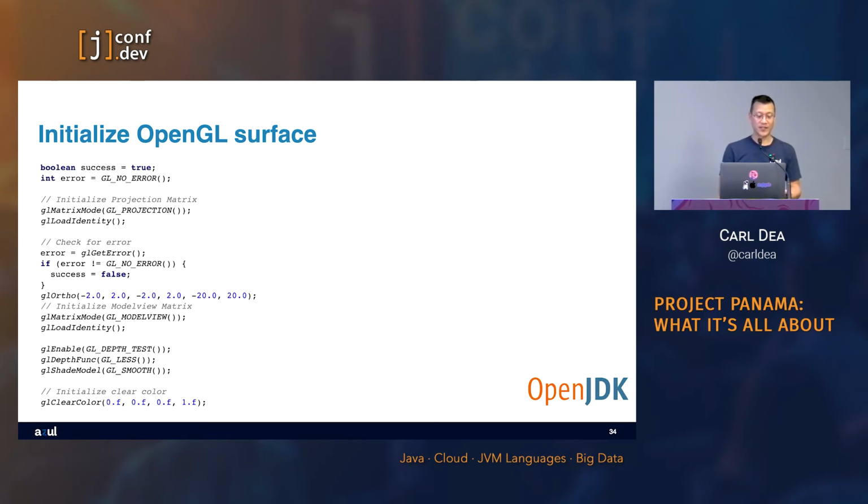The only difference is in C they have these things called defines, and they're basically public final static variables, and it looks just like it, except in Jextract it turns it into something like GL_NO_ERROR. Instead of just a single constant, it has parentheses.